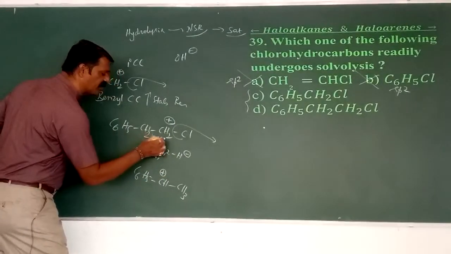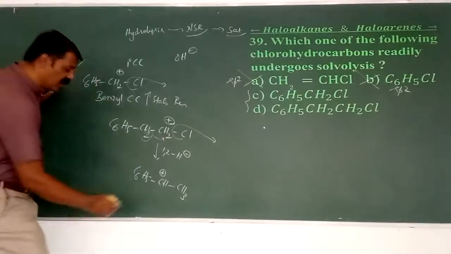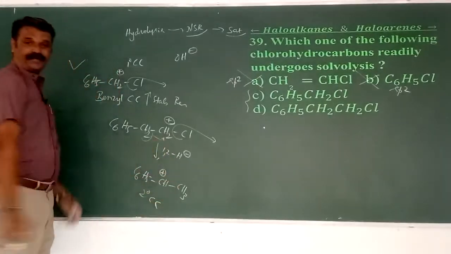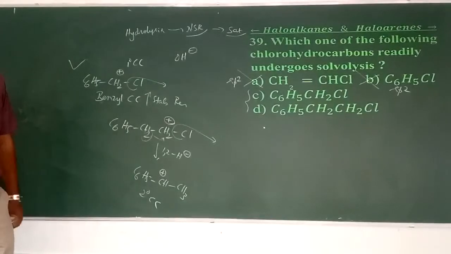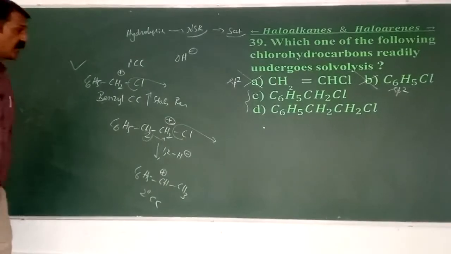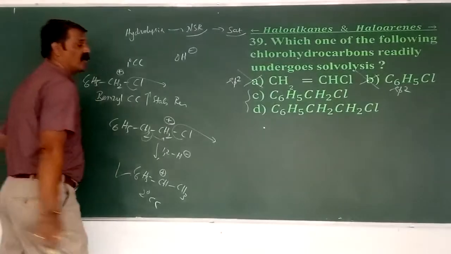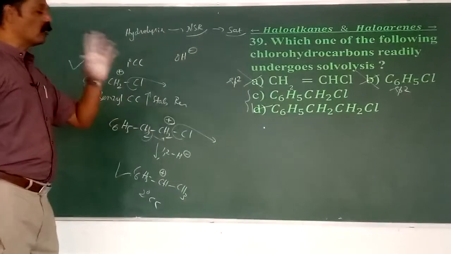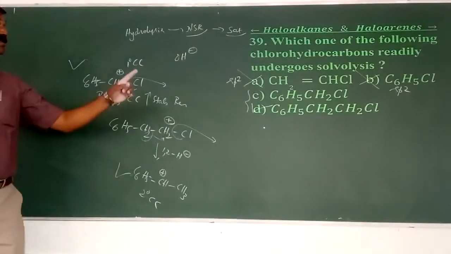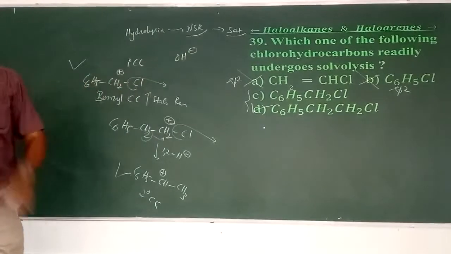One of the hydrogens has been shifted here, such that it is converted to a secondary carbocation. Which is more stable among primary and secondary? It is the secondary. Therefore, it is fast. The question asks which readily undergoes, meaning fast. Fast is found to be C6H5CH2CH2Cl.